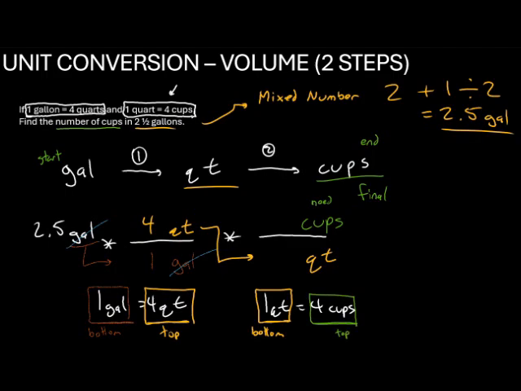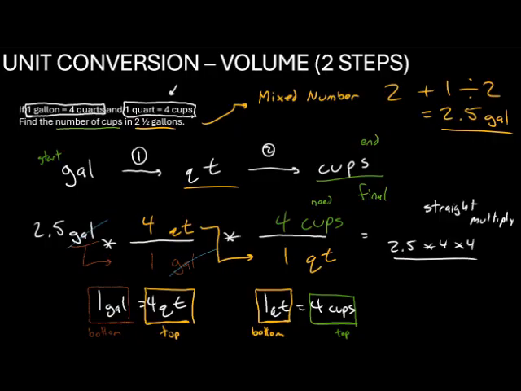Since we have 1 quart on the bottom, we will place a 1 next to quarts, and we'll place a 4 next to cups, because we know that 4 must go on the top and the 1 must go on the bottom. Now we can do our fraction math. We can take 2.5, multiply by 4, and multiply by another 4. Again, we're going to multiply straight across the top.